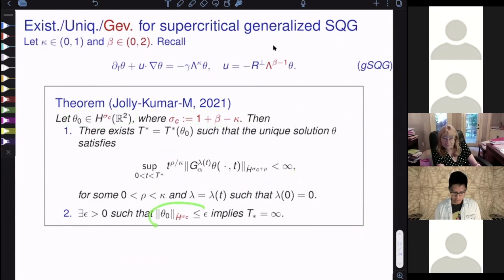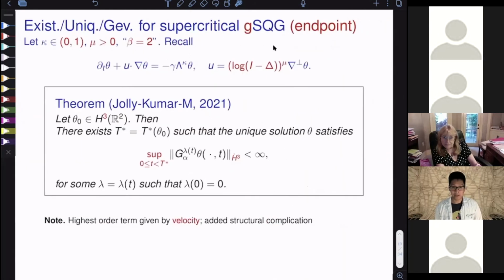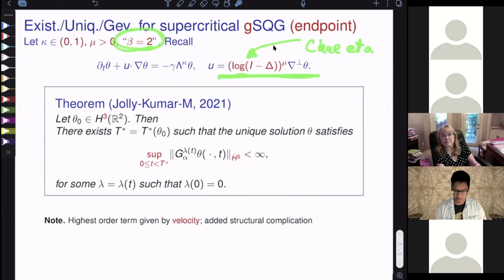Okay, and of course, if the data is sufficiently small, just in the homogeneous part of the norm, then the solution is a global one. All right. And we have an analogous result for the endpoint case. The endpoint case is essentially beta equals 2, but then we make it non-degenerate by putting a log here. So this is not an idea of ours. This goes back to Chae, Constantin, Córdoba, etc.